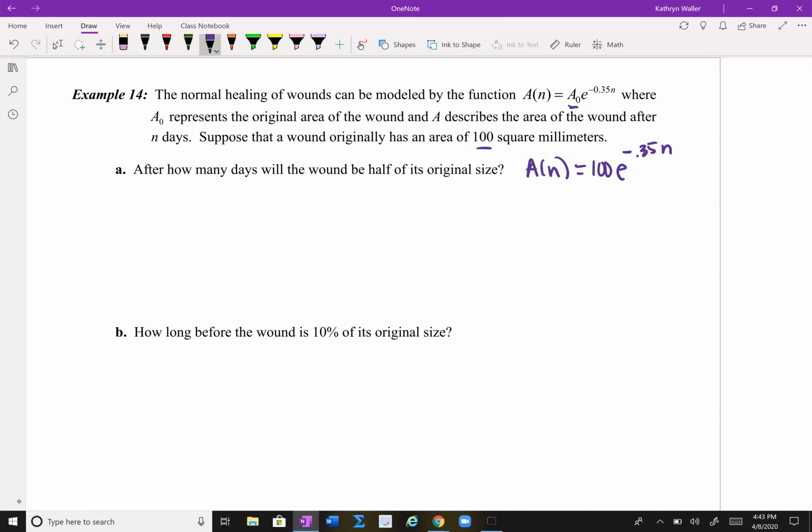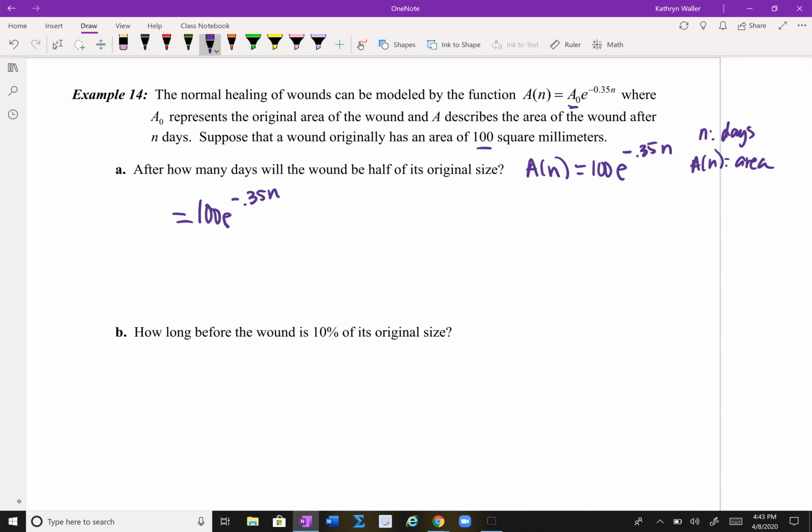After how many days will the wound be half of its original size? Well, the n is the days, and the A sub n is the area. So half of the original size after how many days? Well, if they're asking how many days, I know that my n is going to stay an n.